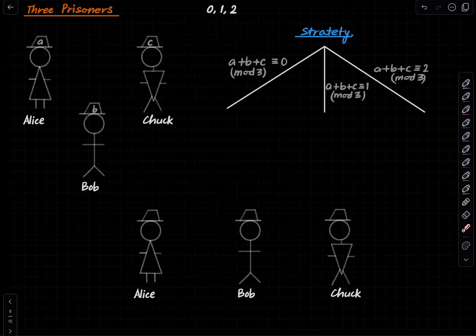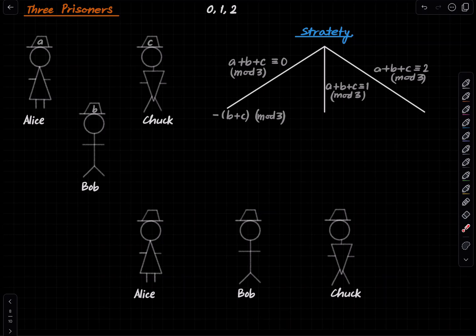To make Alice guess correctly, Alice should answer A. Right? Alice should answer A, but she sees only B and C. However, in this case, if Alice were to answer A, what is the answer Alice should give? In terms of B and C, she should answer minus B plus C, but modulo 3.